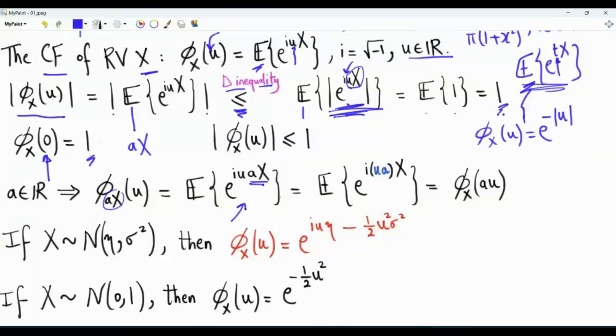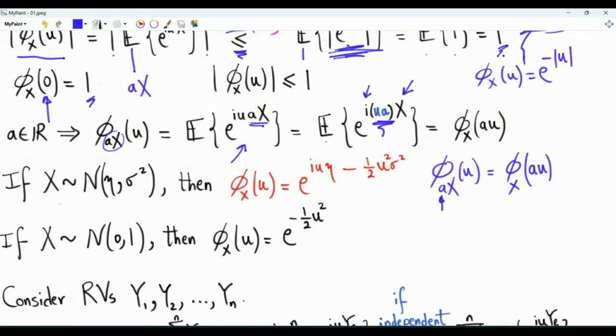If we look at this expectation, it is the expectation of e, and then we have i, and then we have X, and then we have here the real parameter u times a. This is the characteristic function of random variable X evaluated at u times a. This is phi X of au. So phi aX of u, where a is a constant, is simply the characteristic function of X. Rather than putting u here, we put au.